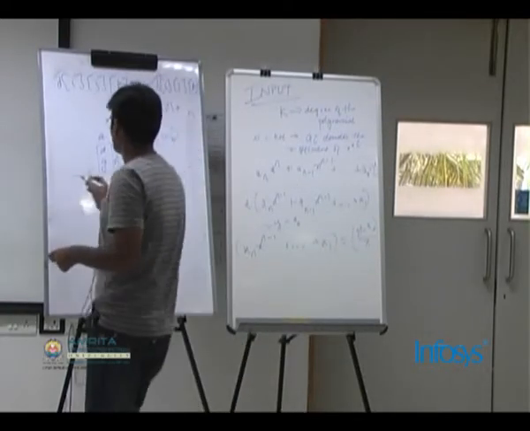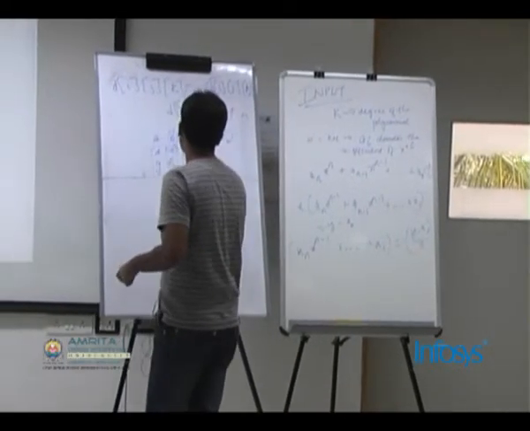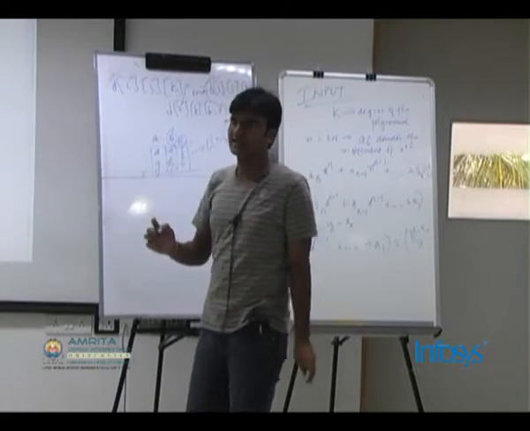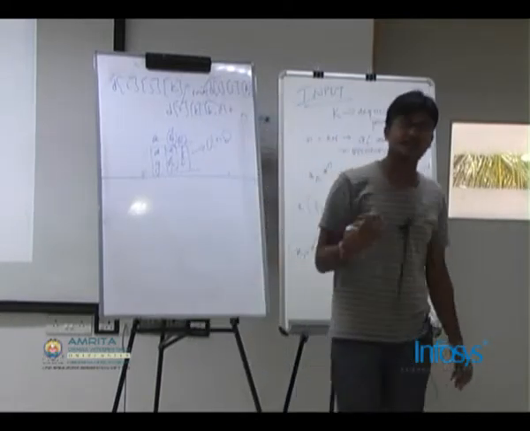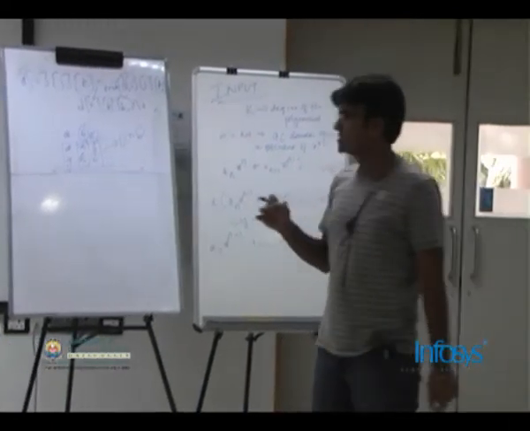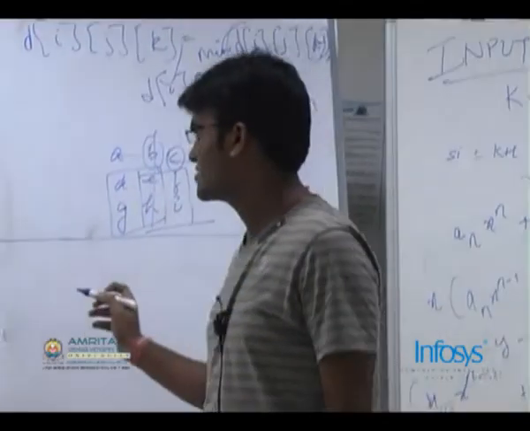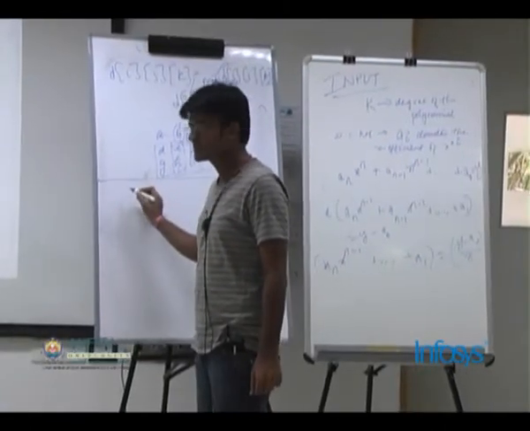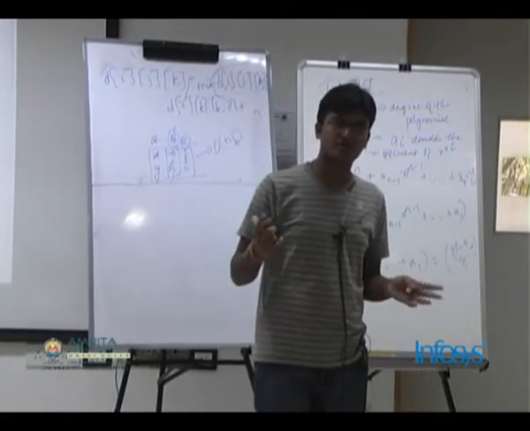Okay, so before we go into finding the determinant, let's just see that there are a few properties that determinant follows. If you apply any row transformation on a matrix, you guys know what a row transformation or column transformation is?